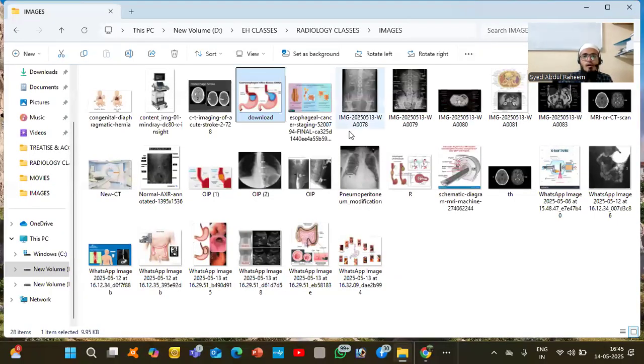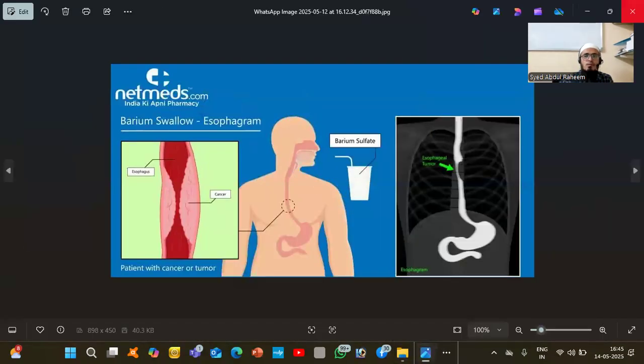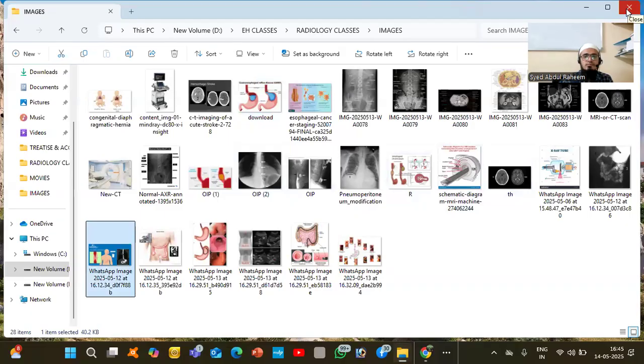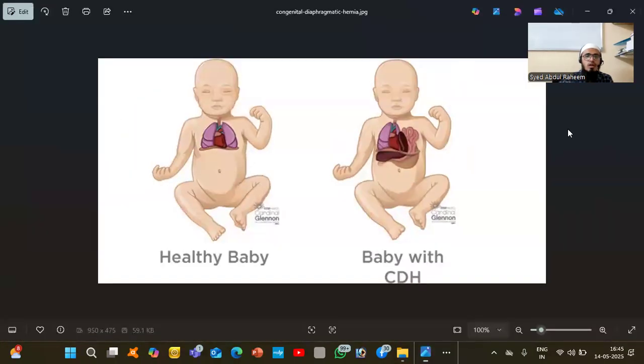Next, in the baby, this is the diaphragm; above the diaphragm is the upper region, below is the lower. What will happen in some babies is CDH, the congenital diaphragmatic hernia.